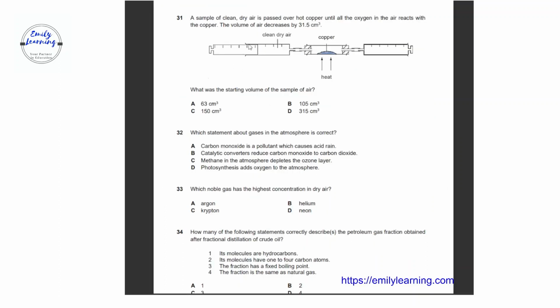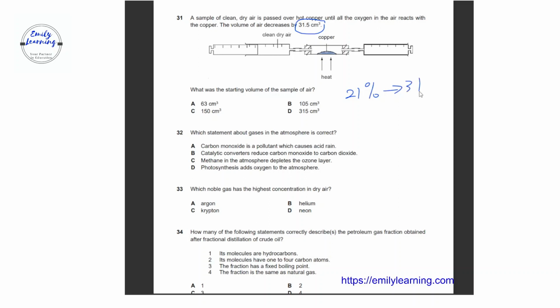Question 31. Clean dry air is passed over hot copper until all the oxygen in the air reacts with the copper. The volume of the air decreased by 31.5 cm3. What was the starting volume of air? Okay, we know that the volume of air decreases by 31.5 cm3, and we know that around 21% of air is oxygen, right?